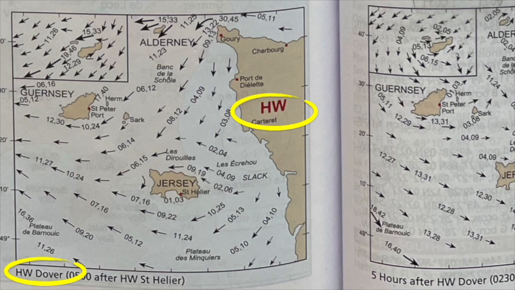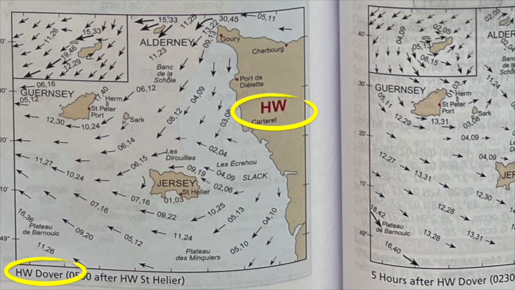Don't think that it has anything to do with the high water you might experience if you might be in St. Peter Port in Guernsey right now, because tides couldn't care less where you are. It doesn't care what high water you have. This picture is valid for everyone, irrespectively if they are in Dover or Helgoland or Dublin or wherever, this picture is valid when Dover has high water.